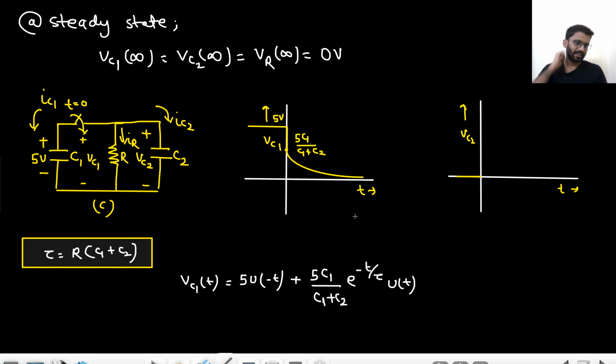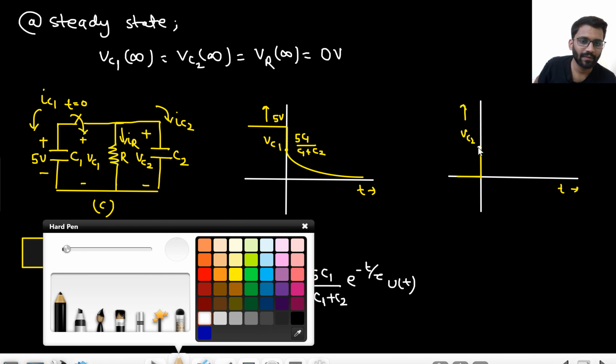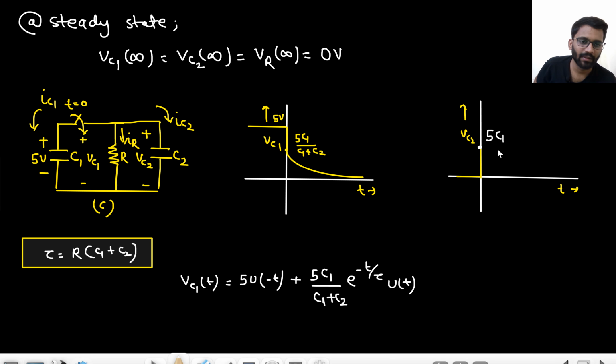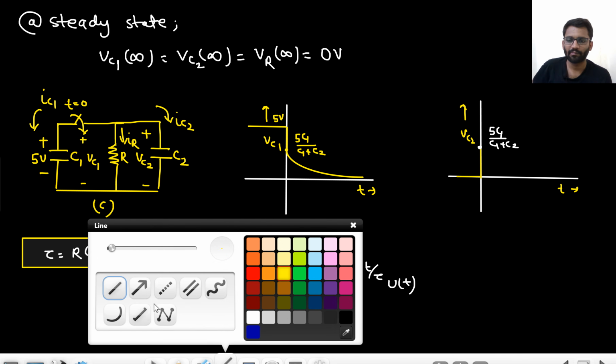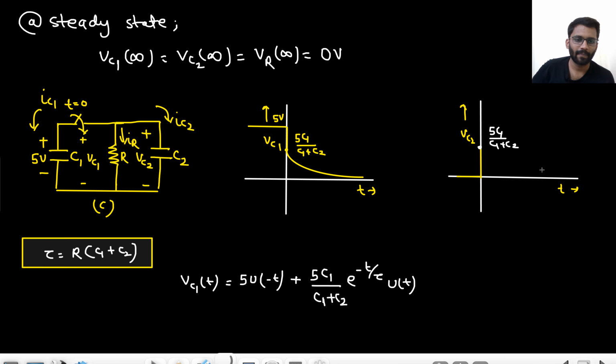From 0 it will start, then it will go up to some value, that is 5C1 upon C1 plus C2, and then decays down to 0.